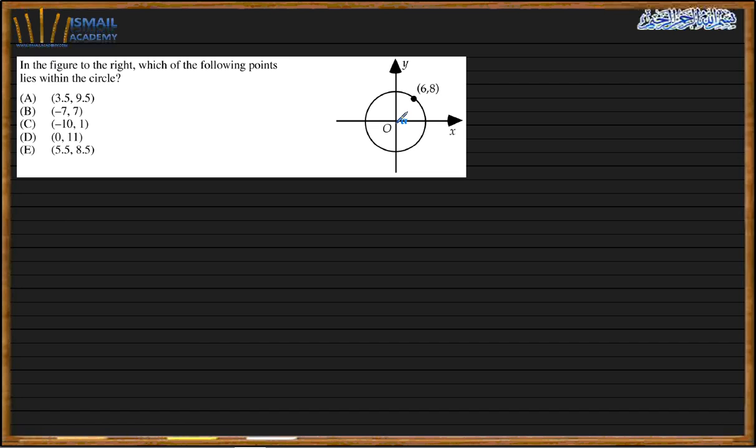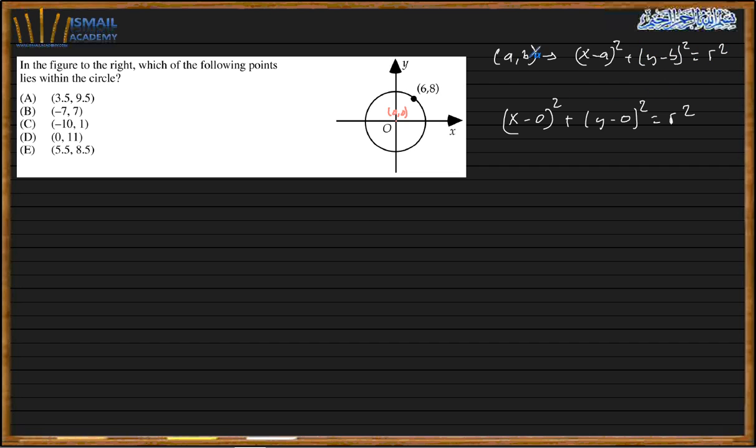The circle has center 0, 0, and the equation of the circle with center 0, 0 is x minus 0 squared plus y minus 0 squared equals the radius squared, because the general equation of the circle with center a, b is x minus a squared plus y minus b squared equals r squared.